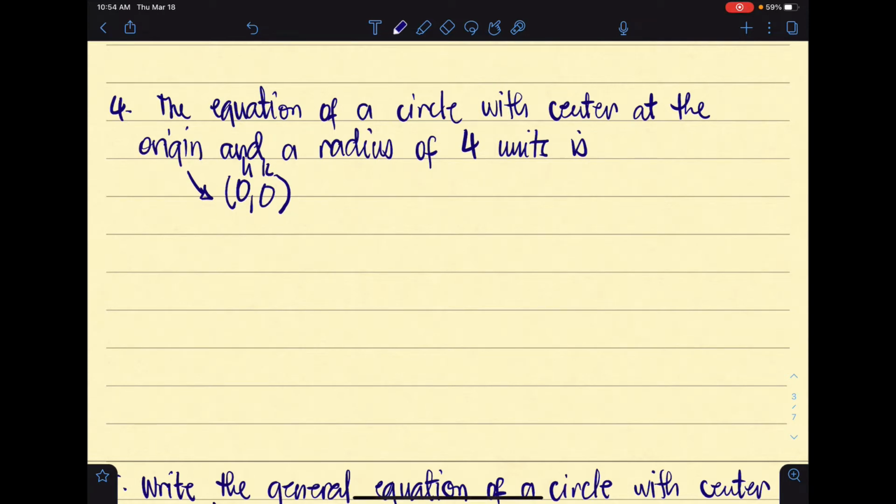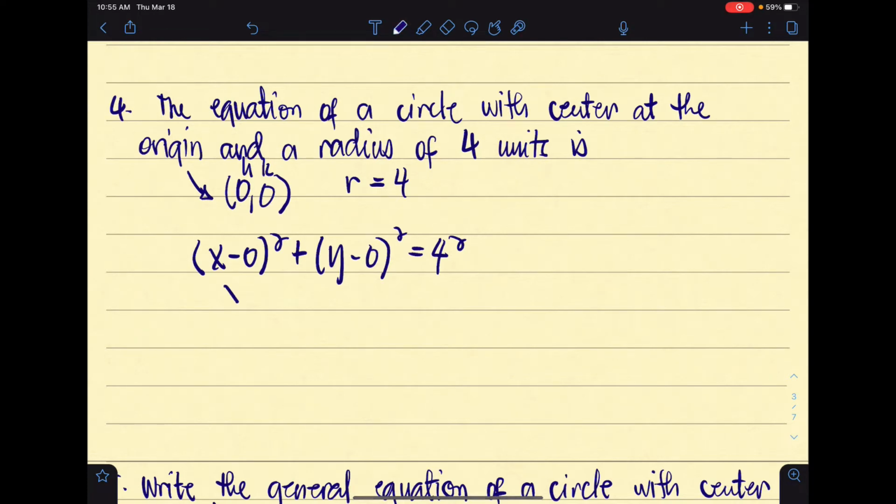And our radius is 4 units, so r is 4. So injecting them to the equation, you have (x minus h), which is 0, squared, plus (y minus 0) squared equals 4 squared.